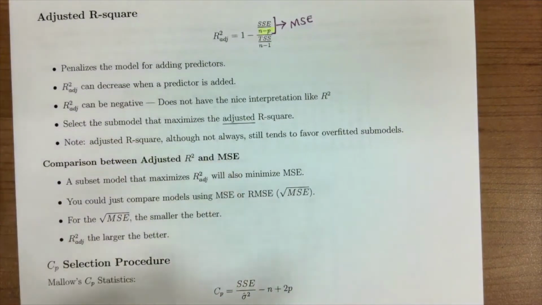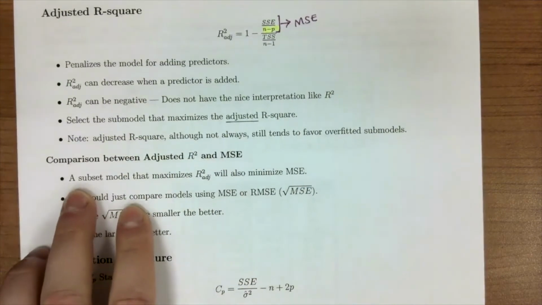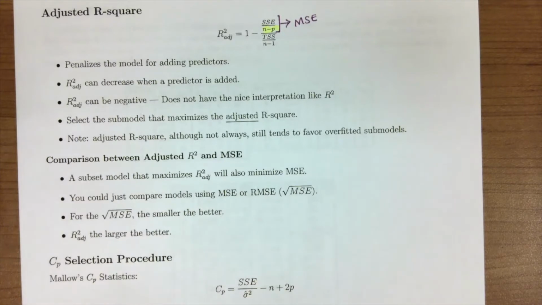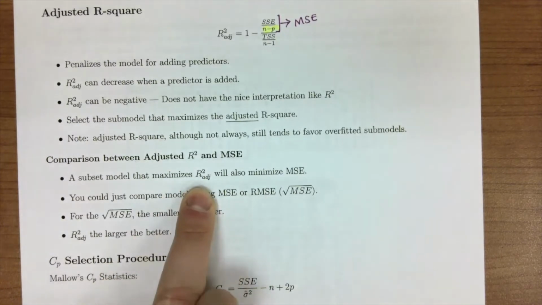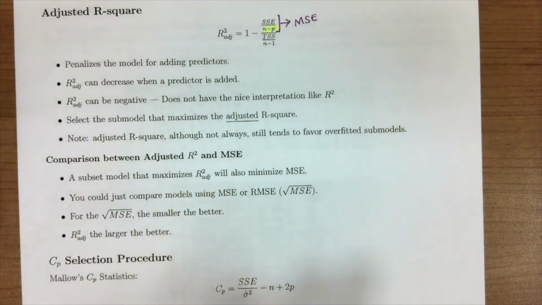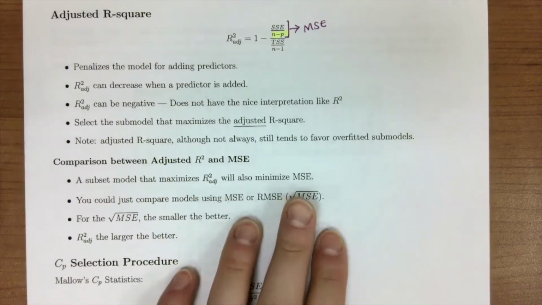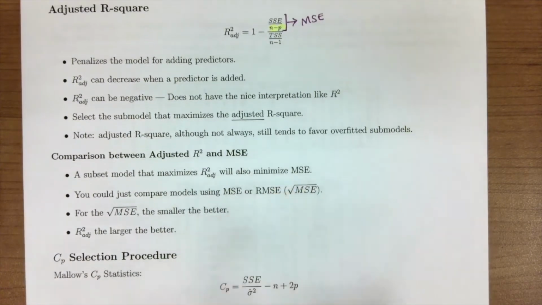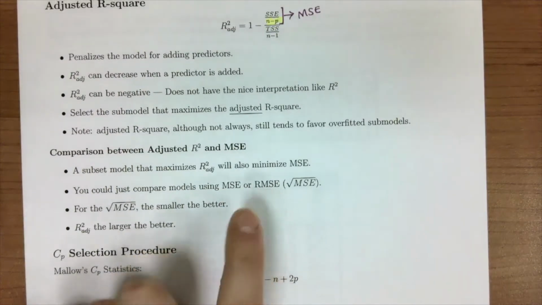I'm saying that is absolutely allowed because a subset model that maximizes our adjusted R squared will also minimize our mean squared error.